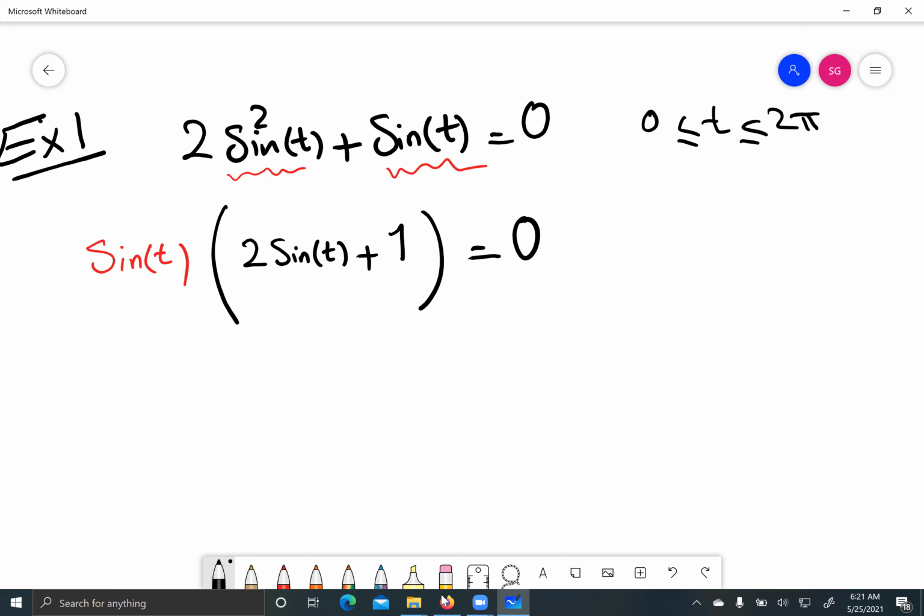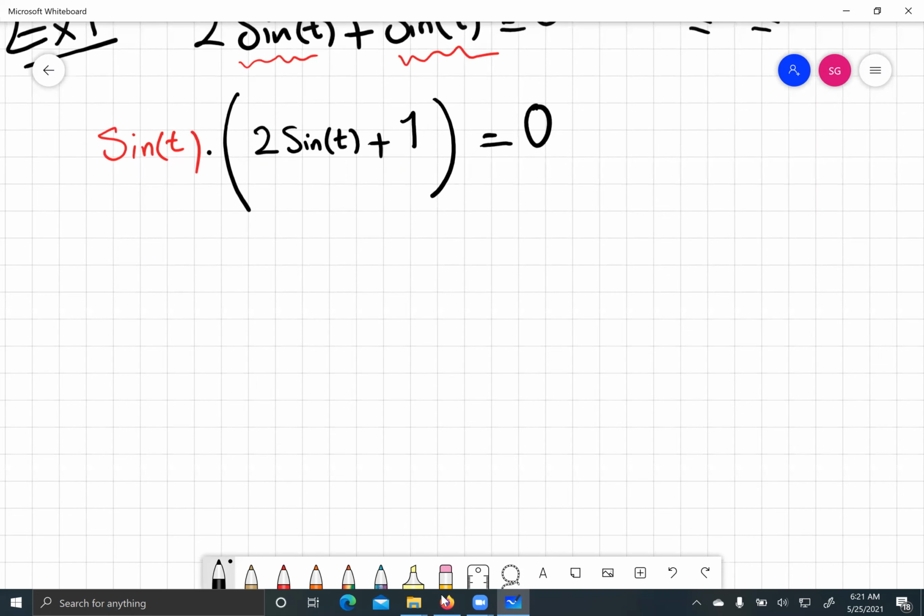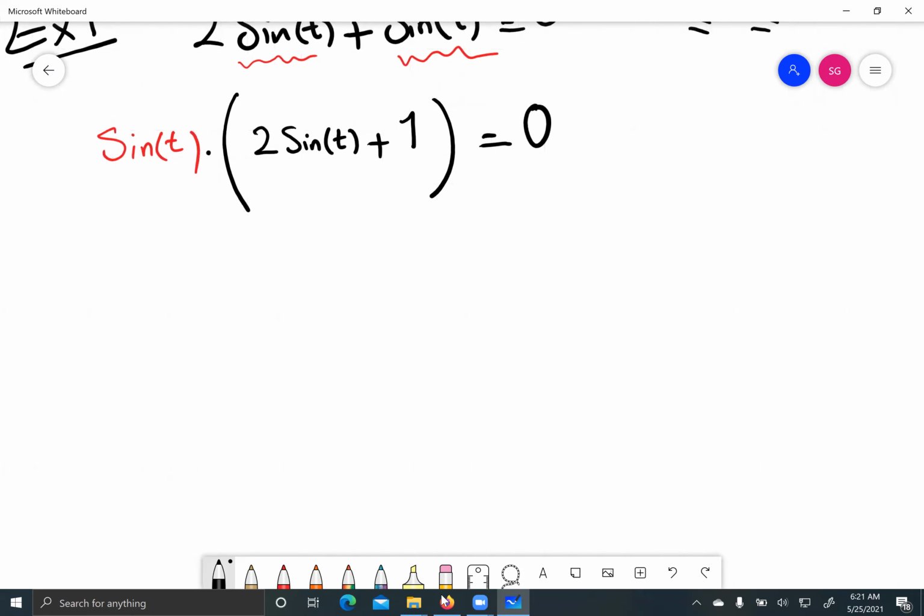Now, this is a factorization, right? When the product of two elements is 0, either the first one is 0, so sine of t equals 0, or the second one is 0: 2 sine of t plus 1 equals 0.